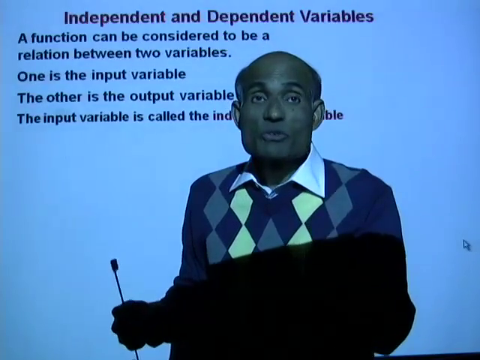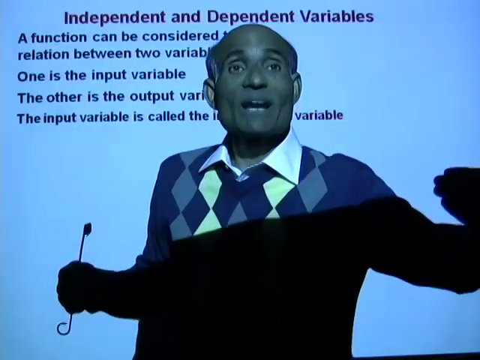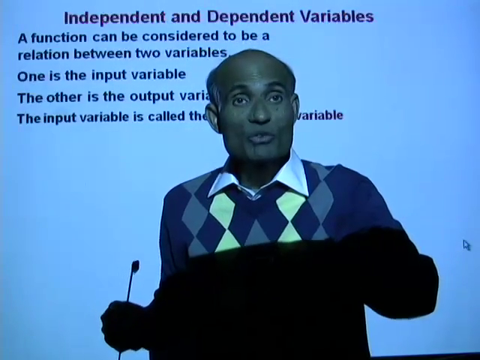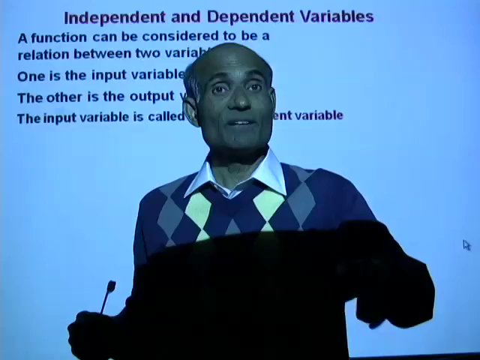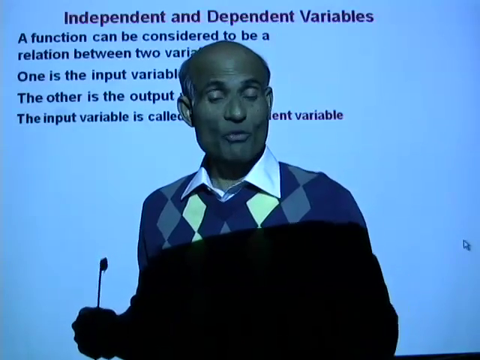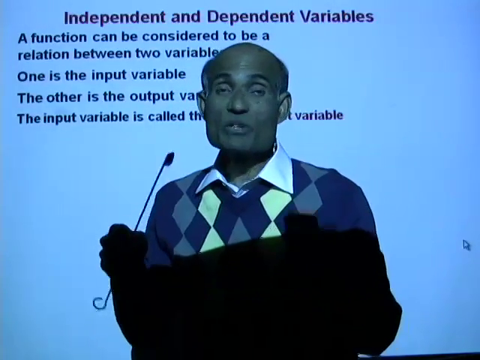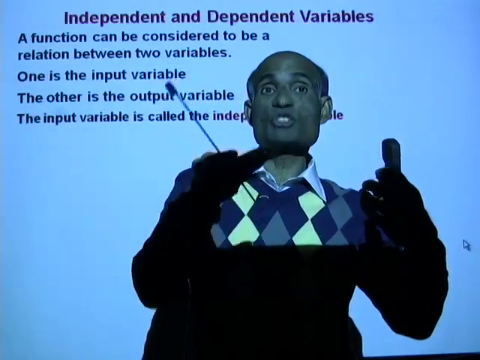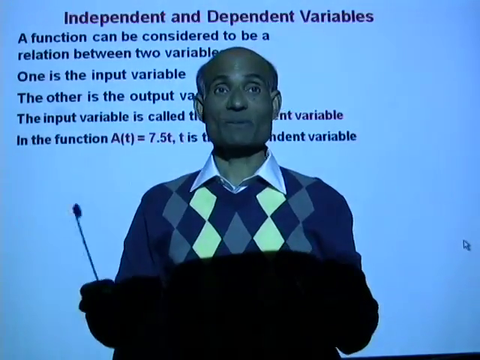Because the student or the people related to the student are free to decide the number of hours the student has to work. You see? And therefore, it is independent. And depending on the number of hours the student works, the amount of dollars depends on that.